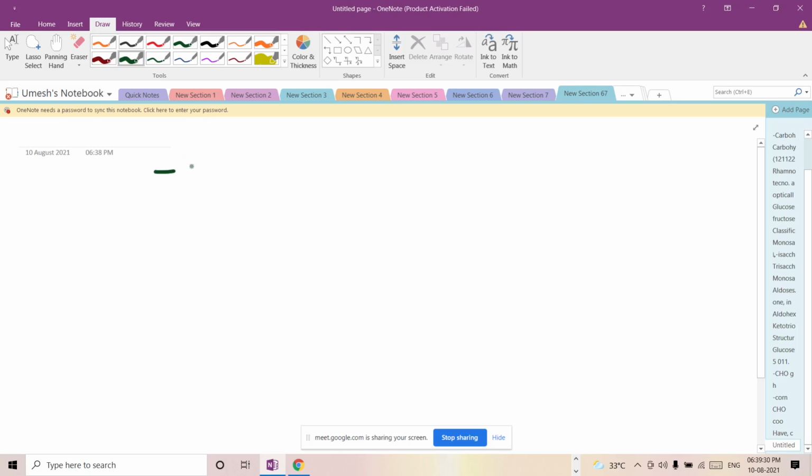We have proved that glucose has an aldehyde group, right? And the property of the aldehyde group is that it can react with sodium bisulfite and give an addition product, with ONa and SO3H.